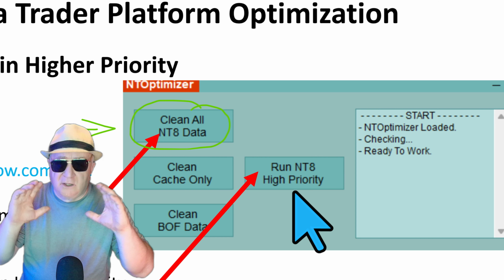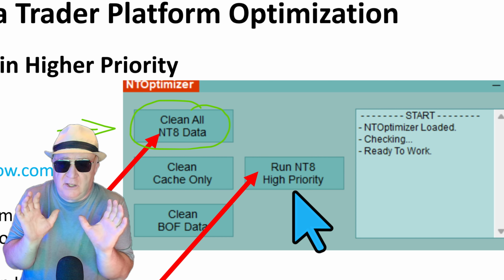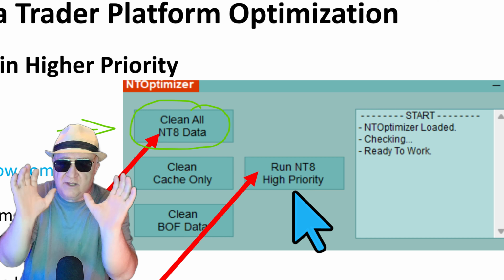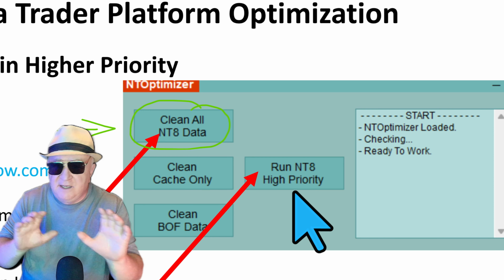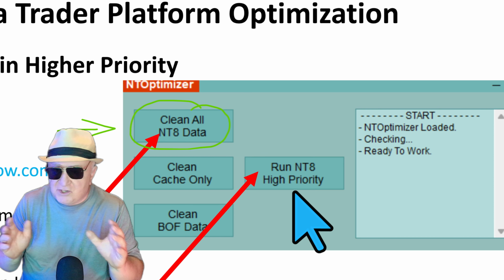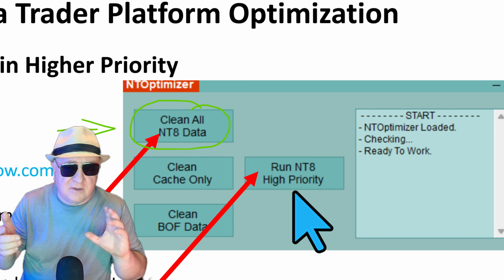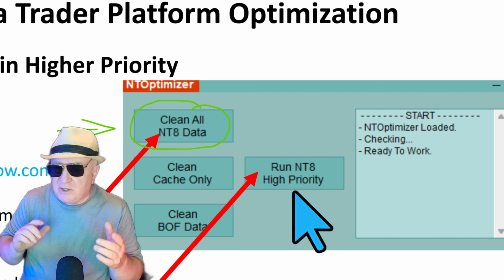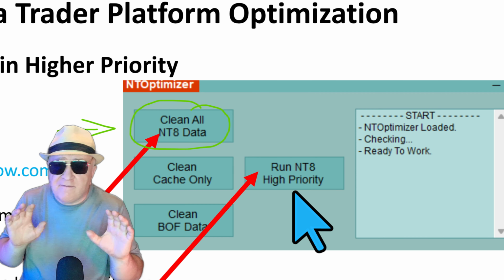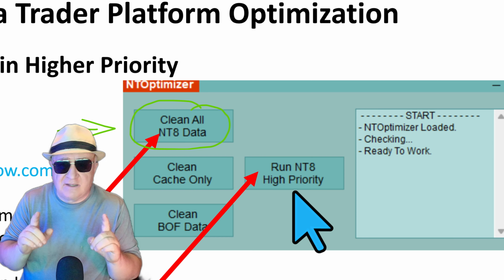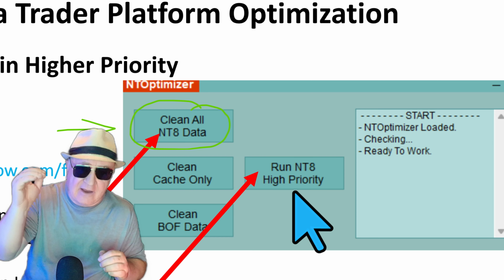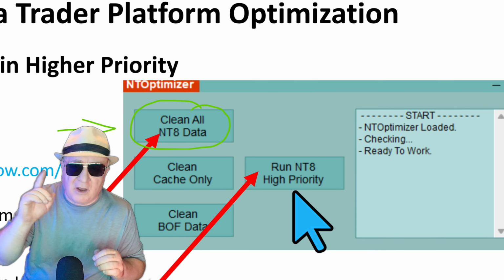You want Windows to set the Ninja platform as a priority, and when you do any operation in Ninja trading, moving the charts, closing your position, moving your stop loss, and rendering, all of that is best when the Ninja platform runs in higher priority.